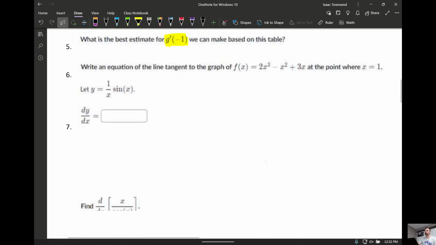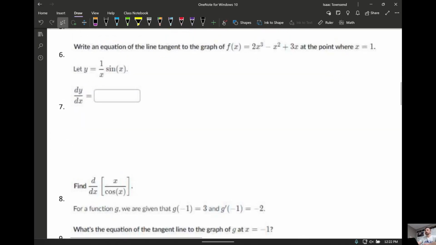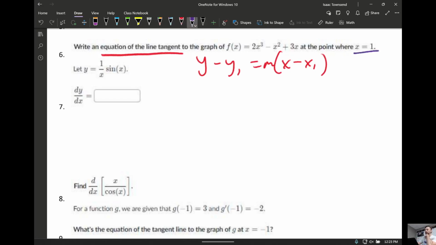Here's one you guys asked about from the test review. Write an equation of a tangent line. So start off with this. At x equals 1. So we're giving you x1.